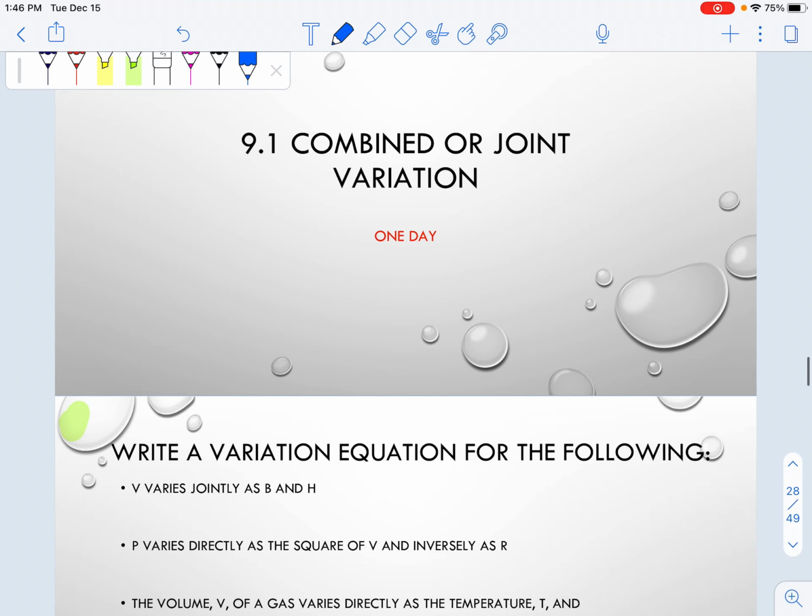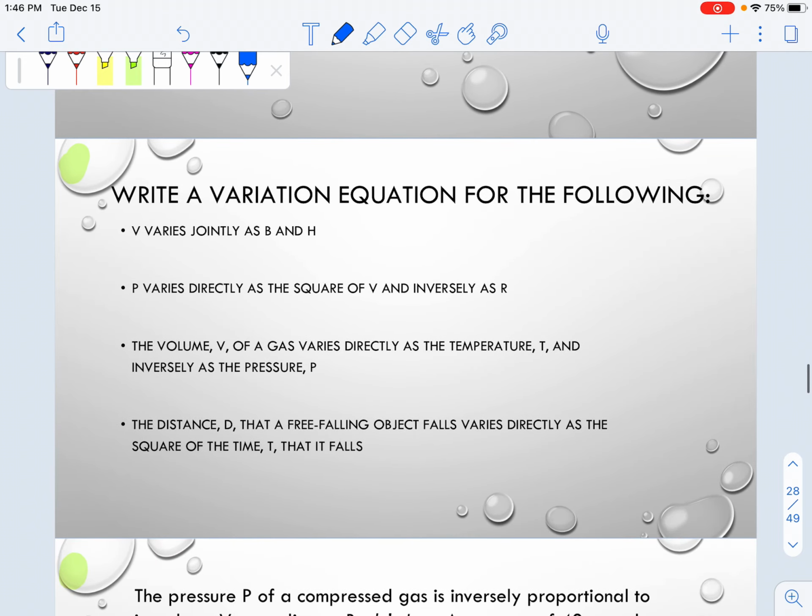So we already did one with combined or joint variation. Let's practice writing a couple, and then we can apply it to some real life situations. V varies jointly as B and H, so that's k, B, H. Remember, whenever you see inversely, that goes in the denominator.